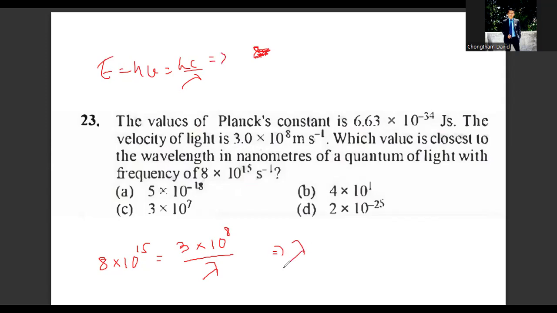So easily you can calculate wavelength from this equation. Now it becomes 37.5 into 10 to the power 9, which is roughly 4 into 10 to the power 1, let's say nanometer, because you can simplify this to get the nanometer value. In terms of nanometer, it will be option B. Moving on to question number 24.